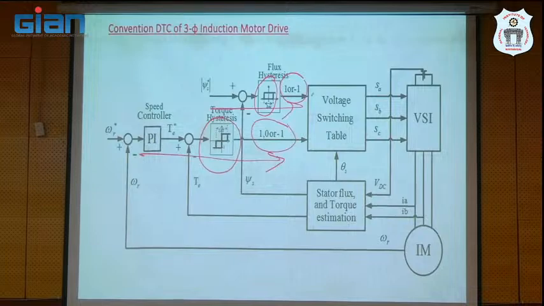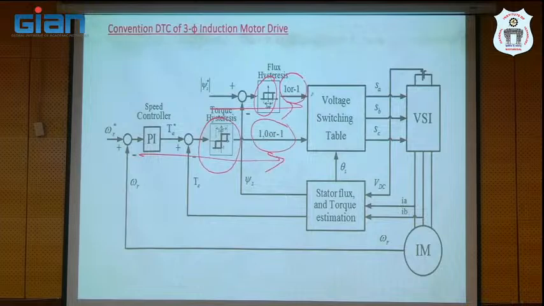Next, one more important thing. What is meant by the 0 state? 0 is nothing but your flux will not get affected, and torque also will not get affected. But if you apply 0 continuously, your average value will get affected.